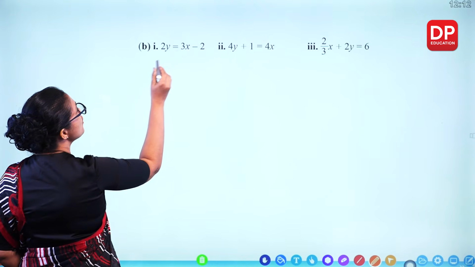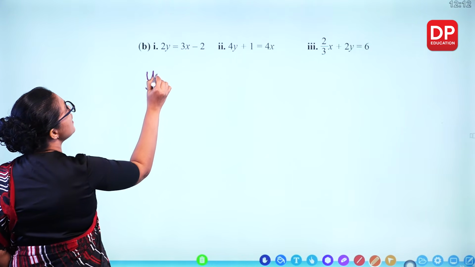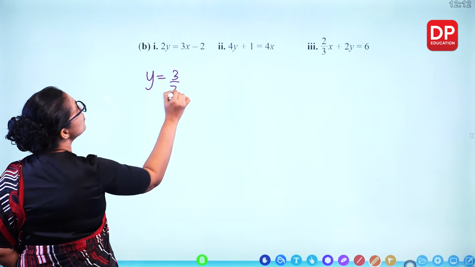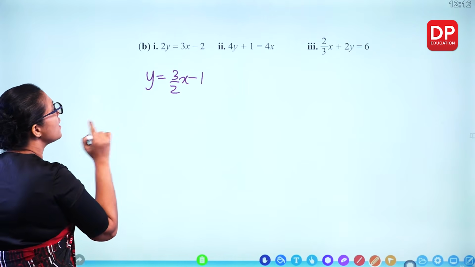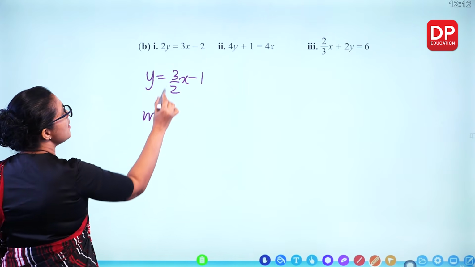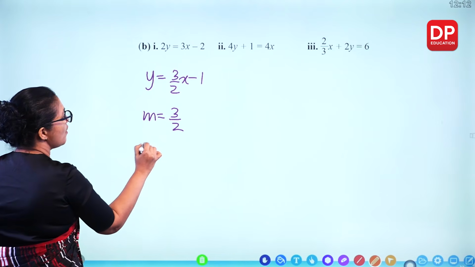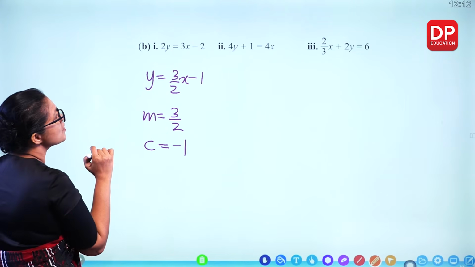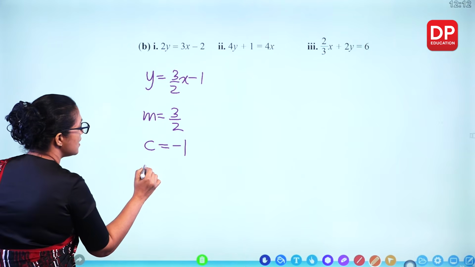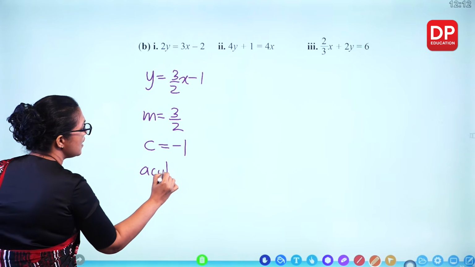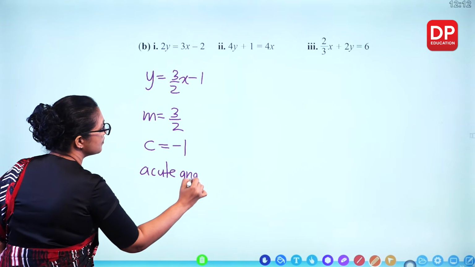Divide the whole equation by 2. You get y equals 3 over 2x minus 2 divided by 2 minus 1. Now we can identify M. M is 3 over 2 and y-intercept is -1. So this is positive gradient, acute angle with the x-axis.